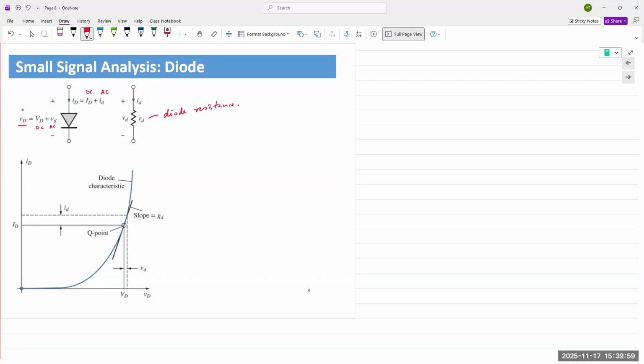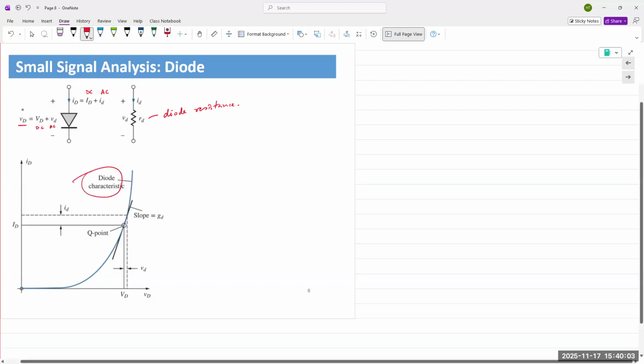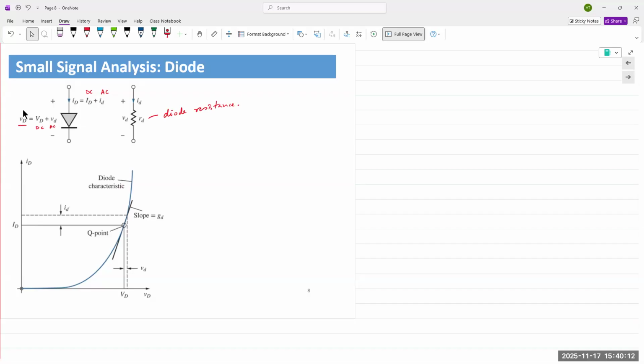So we are familiar with the diode characteristic, right? The diode turns on around 0.6 or 0.7 volts, call that the turn on voltage. And then if we apply a biasing voltage to the diode, we are forcing the diode to function at a specific Q point. The Q point is the operating point for that diode.